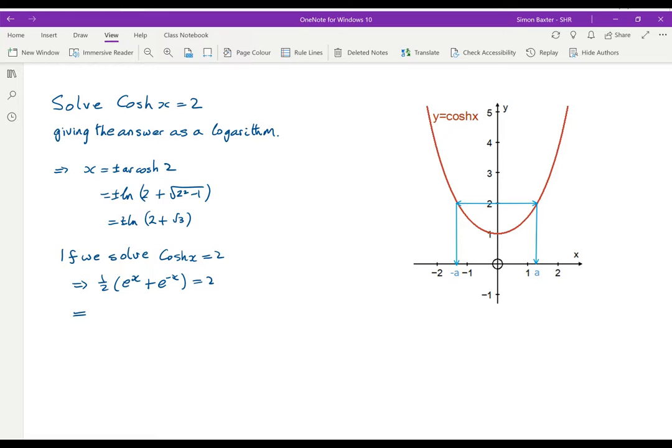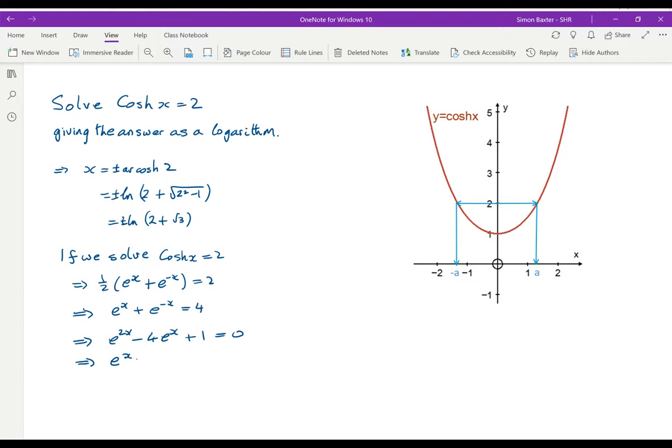Multiplying both sides by 2 will give us e to the x plus e to the minus x equals 4. Multiply by e to the x, subtract 4e to the x from both sides, and we now have a quadratic equation in e to the x.